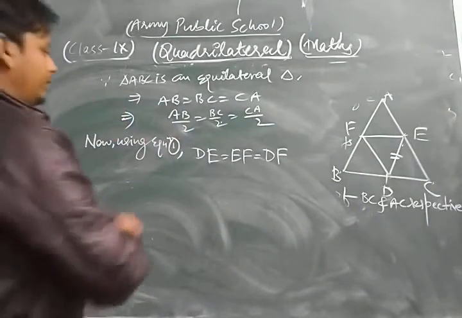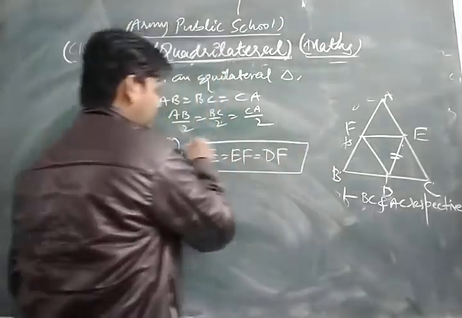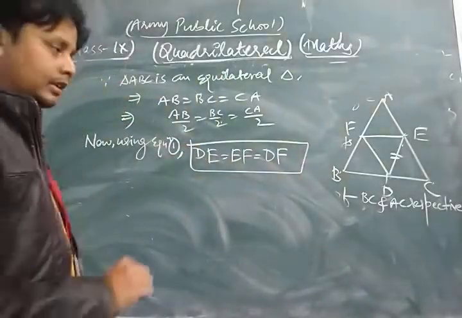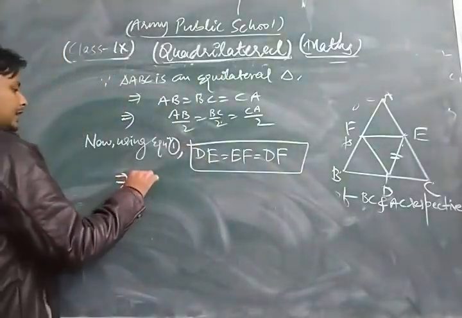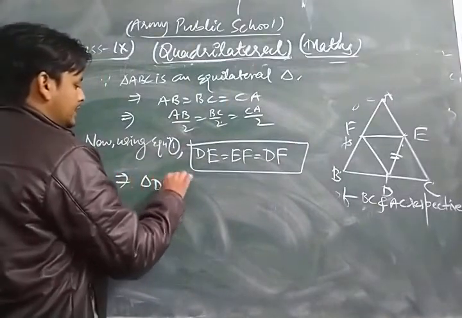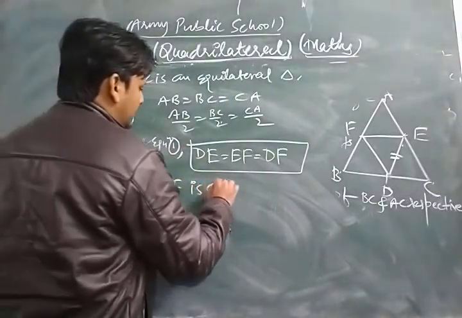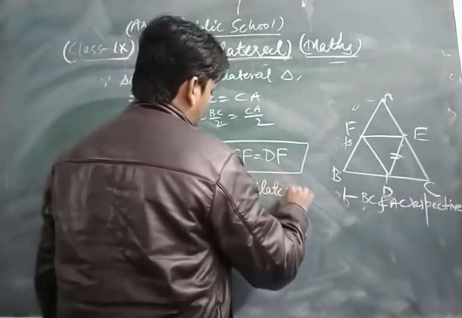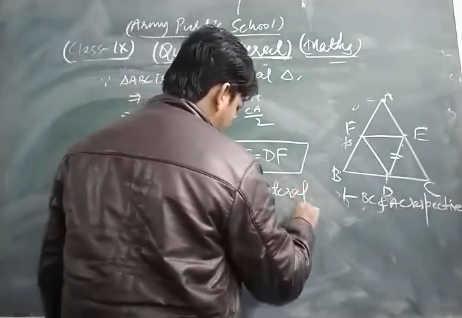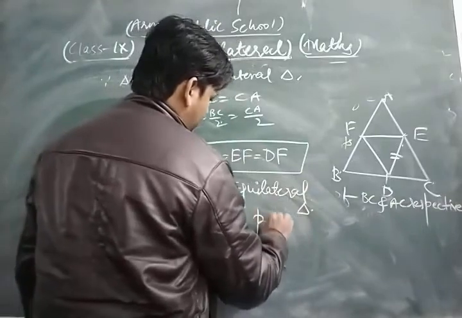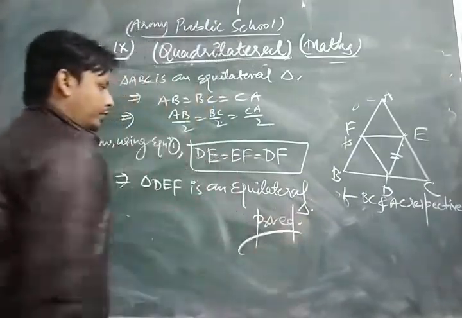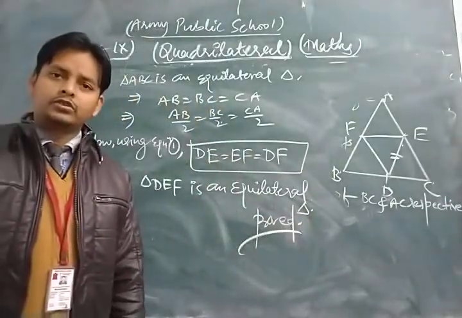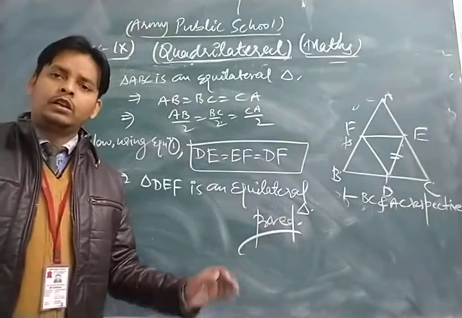Thus all of its sides are equal to each other. This implies that triangle DEF is an equilateral triangle, hence proved.